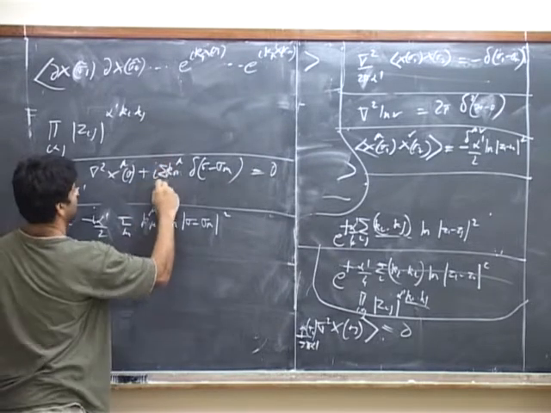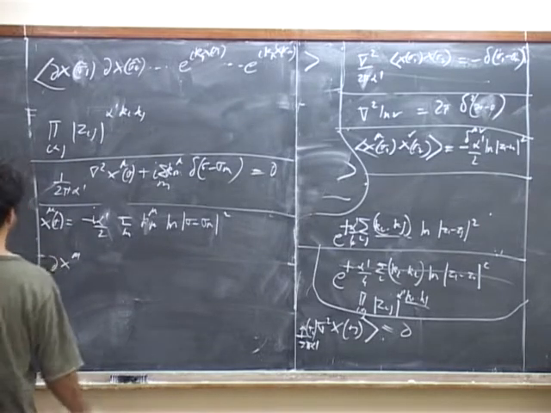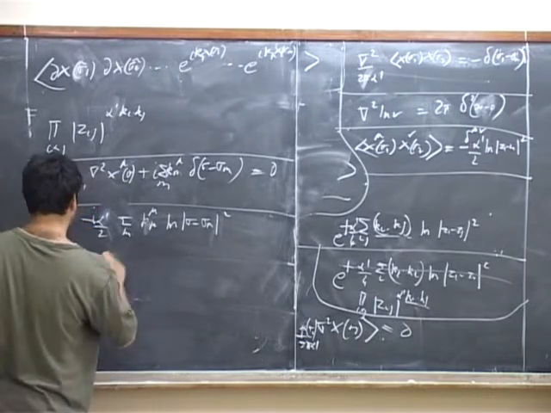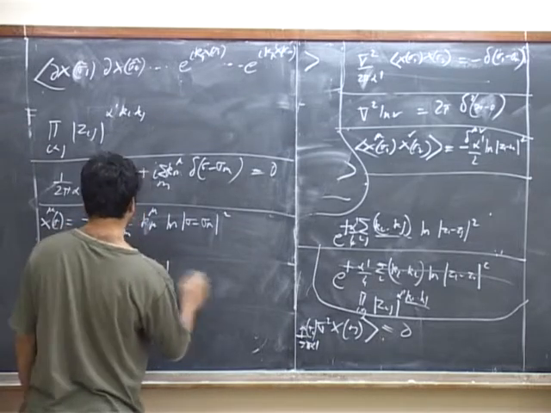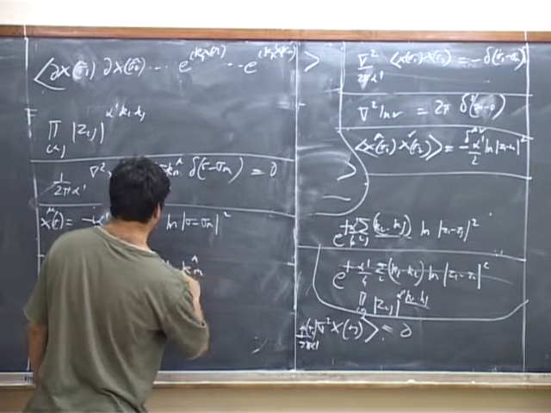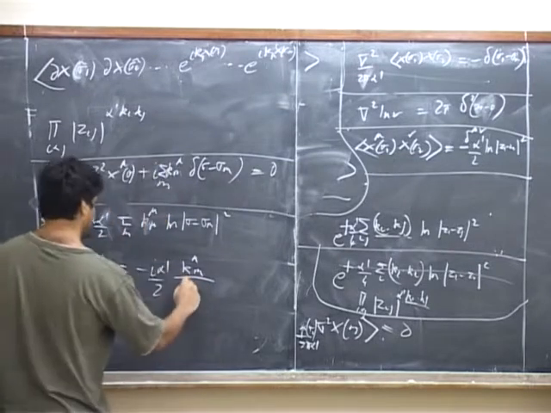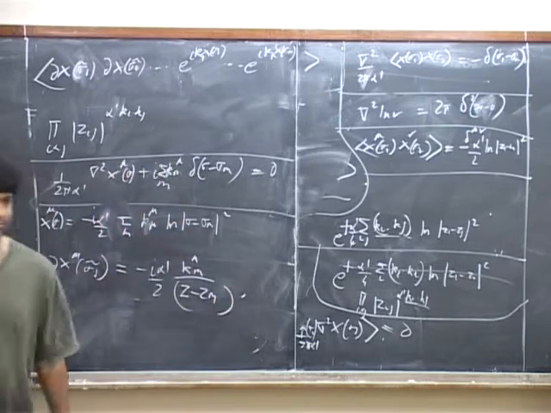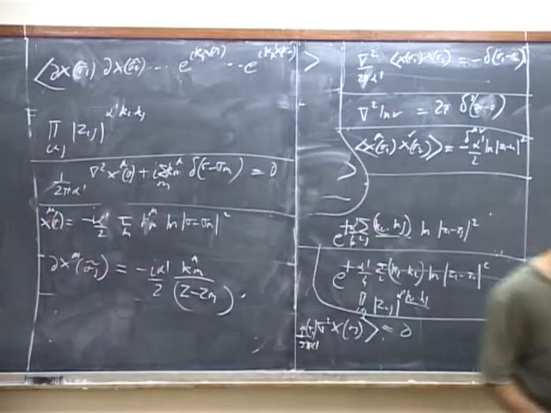So we get del x mu at sigma tilde dot k is equal to minus i by alpha prime by 2 k mu m by z minus z. Check these functions. That's right.